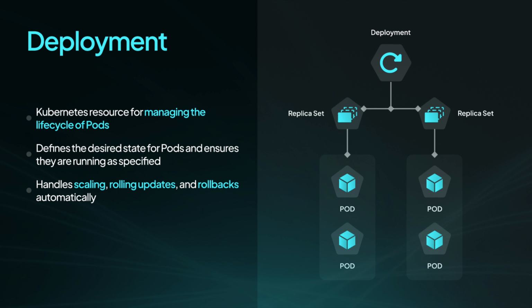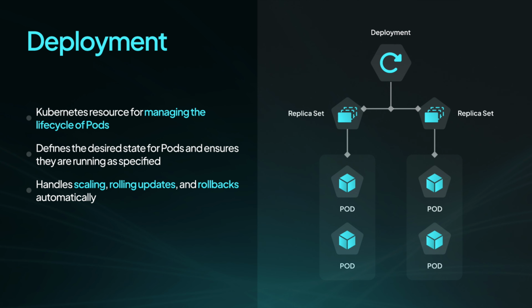A deployment is a Kubernetes resource that manages the lifecycle of your pods. This includes creating them, updating them, and even reverting them. It lets you define the desired state for your pods, like how many you want and which version of your application they should run. As the diagram shows, a deployment often uses replica sets under the hood to make sure your pods are running at the specified number.